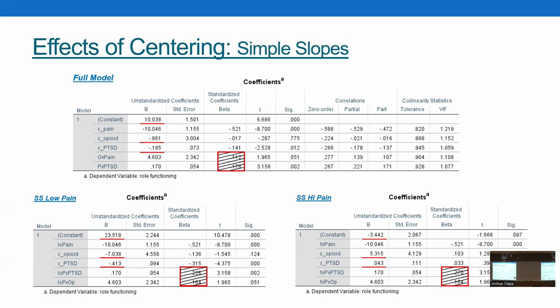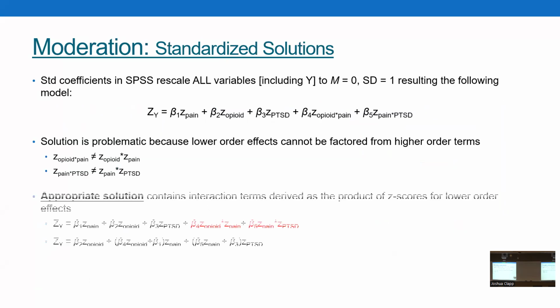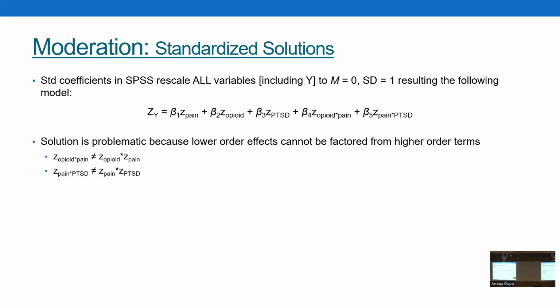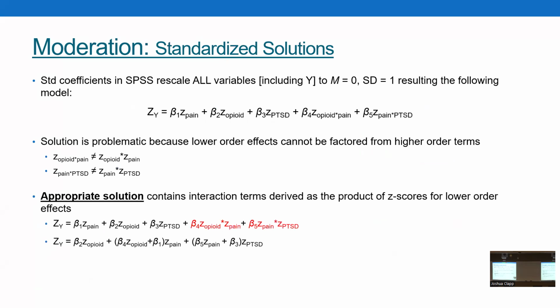This is regressing the z-score of the interaction onto your outcome, as opposed to the z-score of one variable times the z-score of the other one. Okay. And so to get your appropriate terms, what we need to do is go through and do this manually, okay?